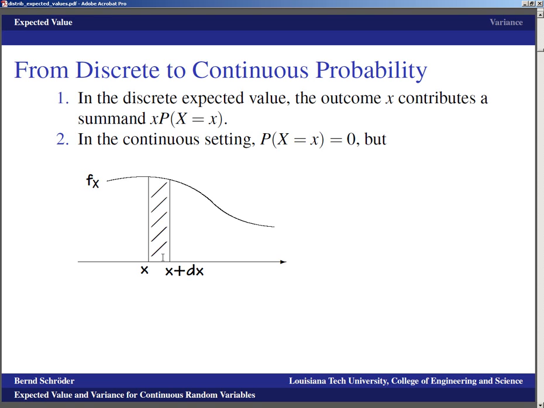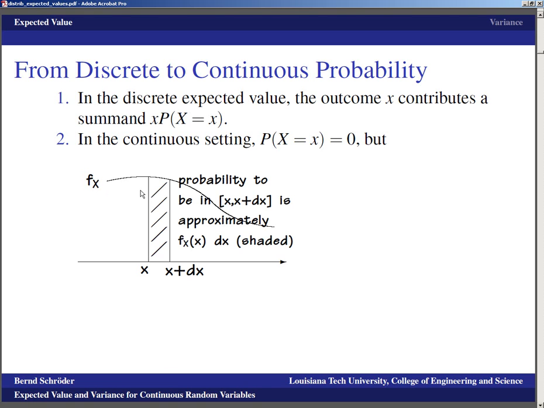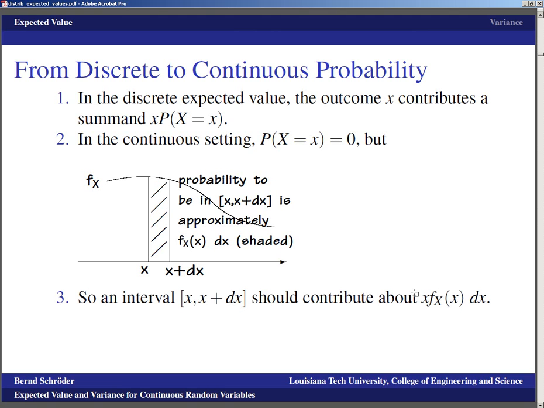But if we now look at the rectangle between x and a little differential step dx, well then the probability to be in that interval, well technically it's the integral of the density function over that interval. However, if that interval is really short, then the integral is basically just the area of the rectangle, height f of x times width dx, which is shaded here.